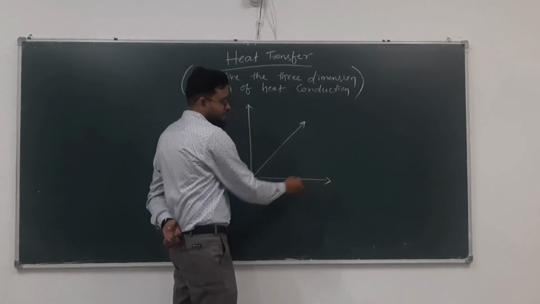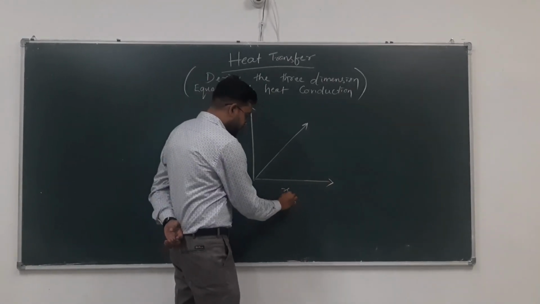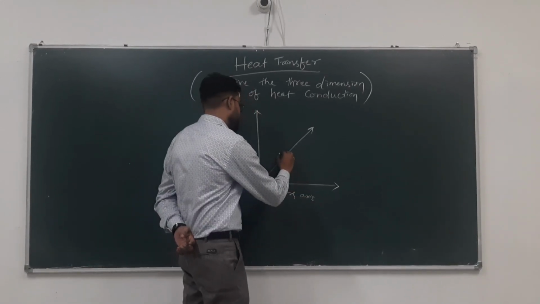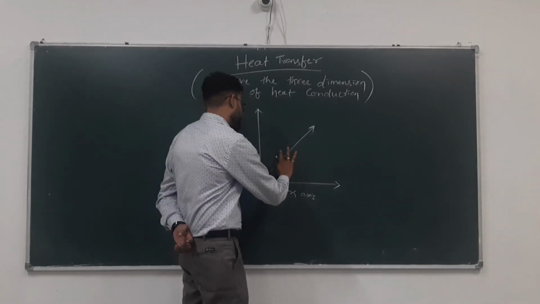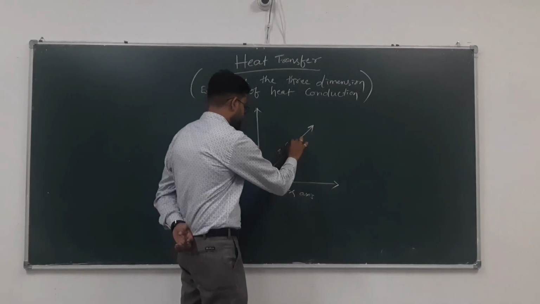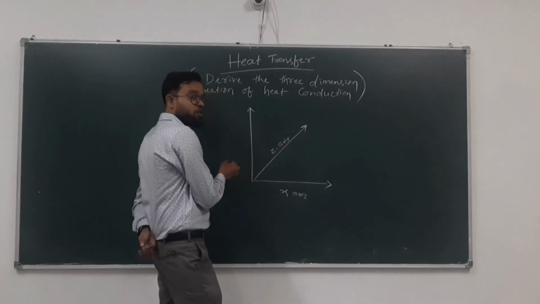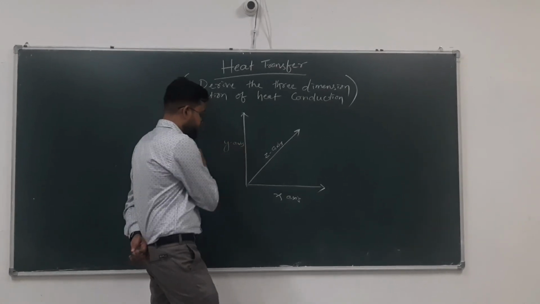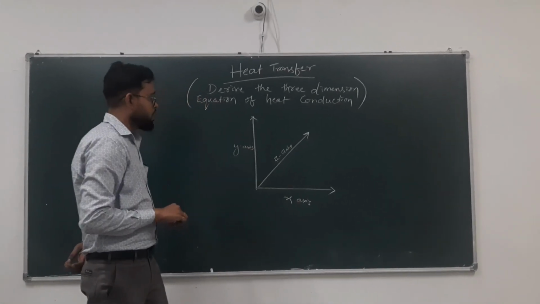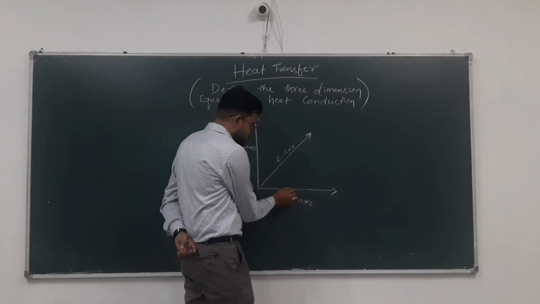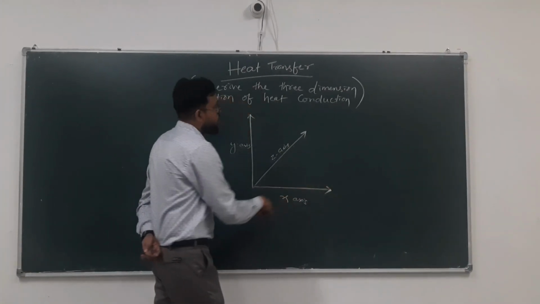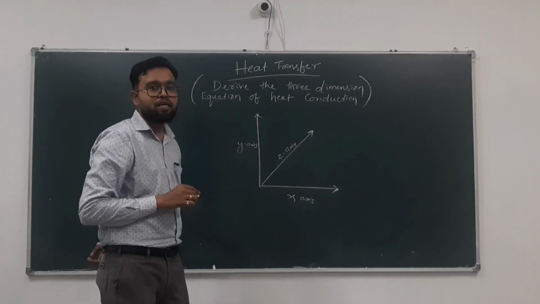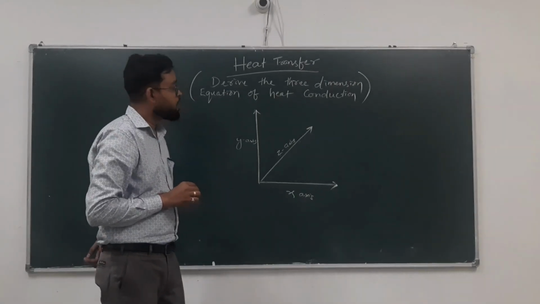The two horizontal axes are x-axis and z-axis. The vertical one is y-axis. In this topic, we will take a cubic object.